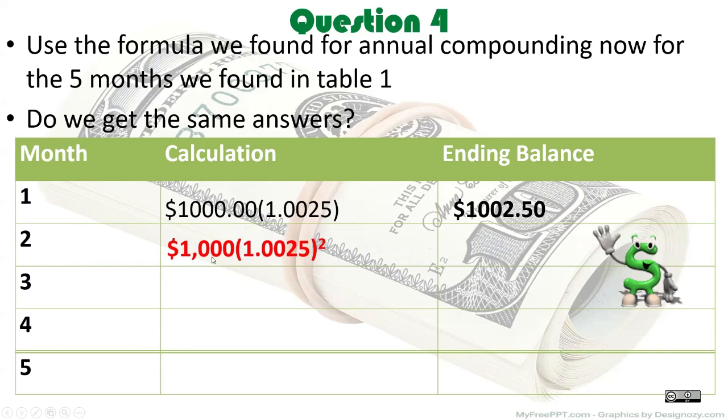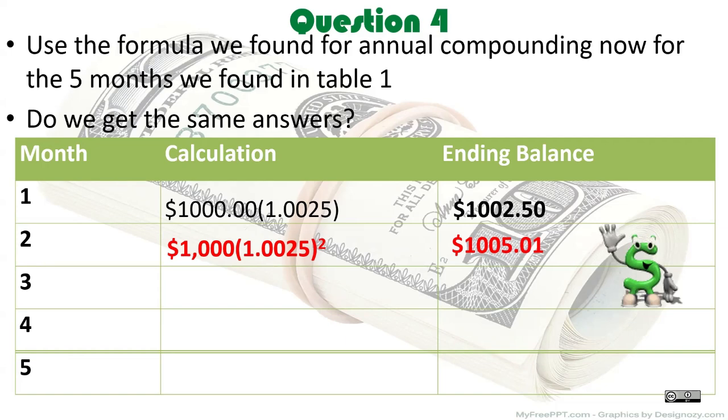Now, if I do this for the second month, I get $1,000, that's my principal again, or what I start out with. And since I'm doing it to the second month, I'll just take this amount, 1.0025, and now I'll put it to the second power. That's our time. And I put it in my calculator, and I get $1,005.01.